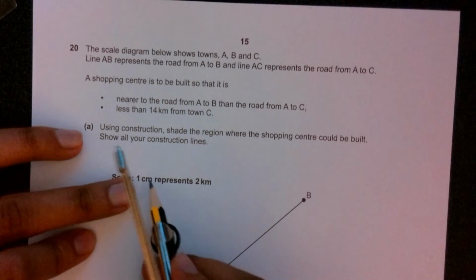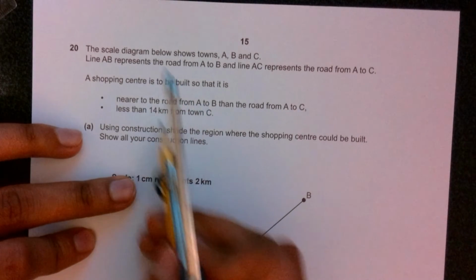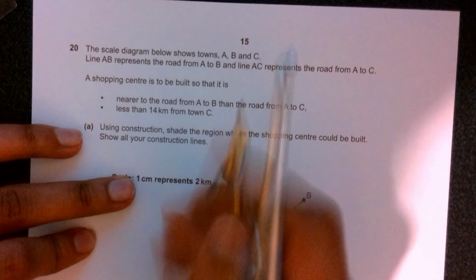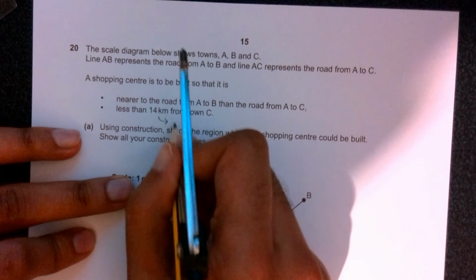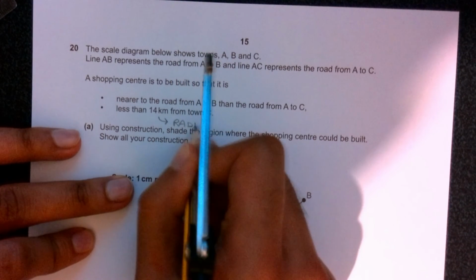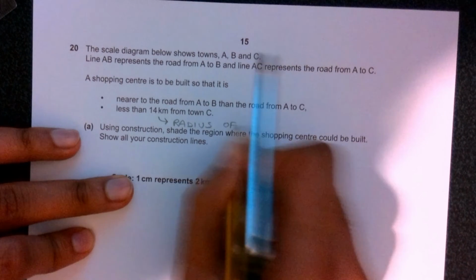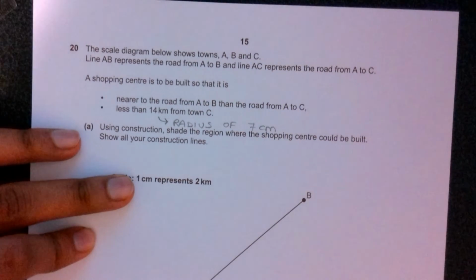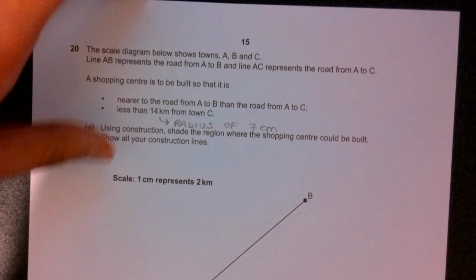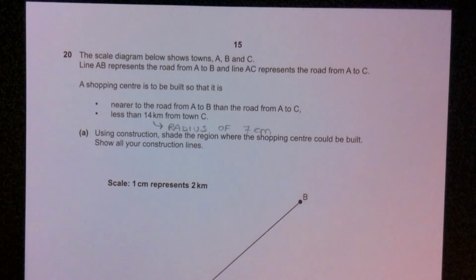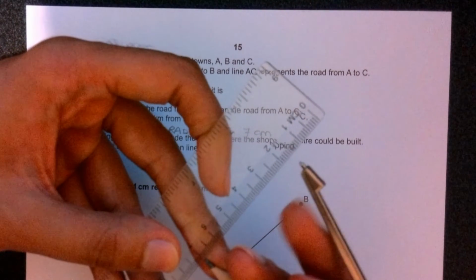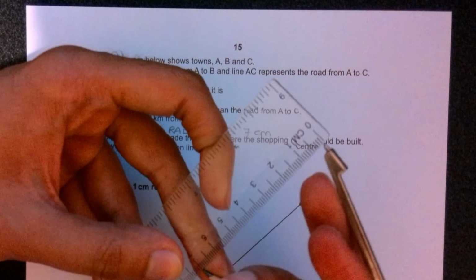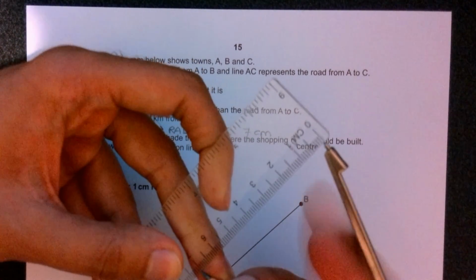We've got the scale 1 centimeter represents 2 kilometers, and we've got 14 kilometers here. So 14 kilometers, that means we have a radius of 7 centimeters, which we need to draw from C. So we need to get a radius of 7 centimeters. 7 centimeters is here.